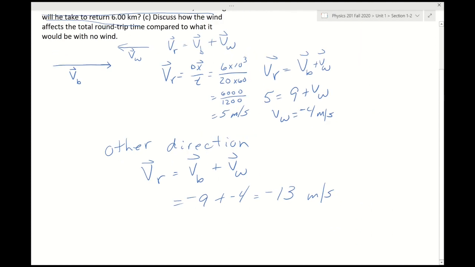We can then find the time, because this is going to be equal to a negative 6,000 meters, because now it's going to the left, over our time.